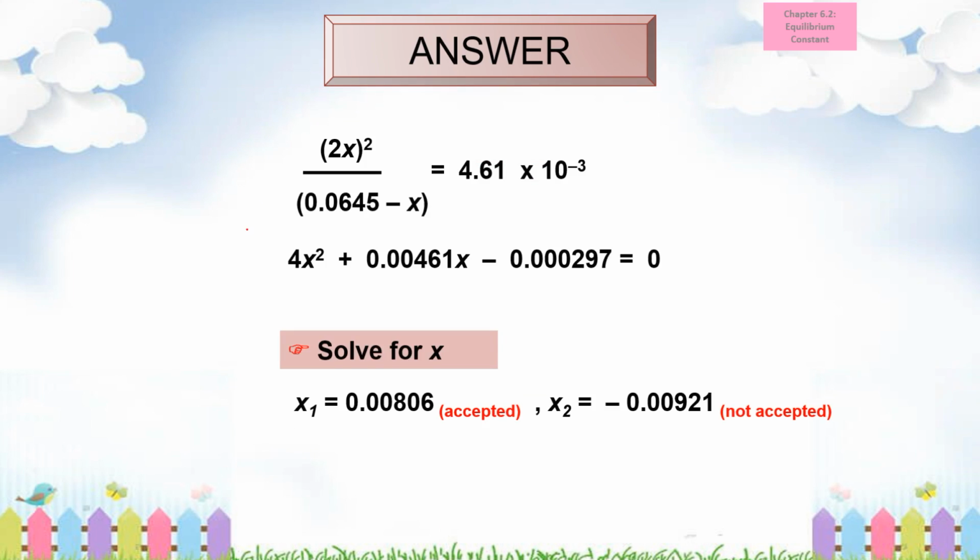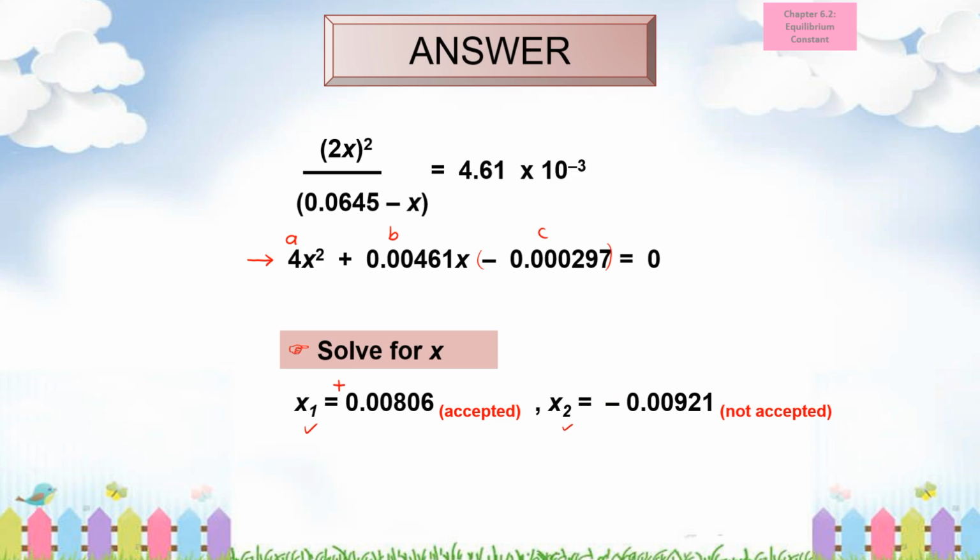Next you have to solve this calculation until you get a quadratic equation. So this is B, and this is C. By using a calculator, find the two values of X1 and X2. For this one, X1 is positive, X2 is negative.